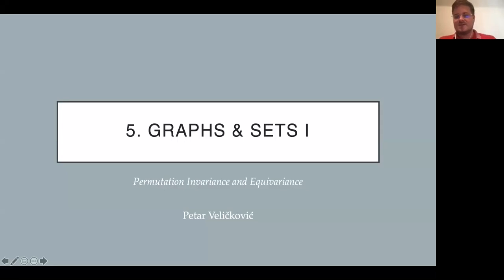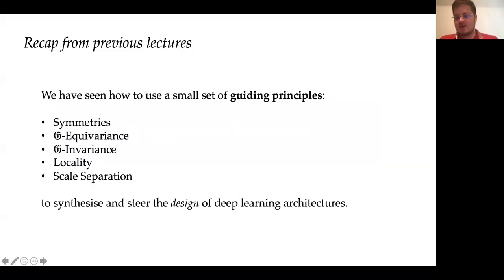Before we dive into these topics, I will start by just giving a brief recap of what we already saw in previous lectures. Specifically, you will have seen how to use a small set of guiding principles, such as symmetries, equivariance, invariance, locality, and scale separation.